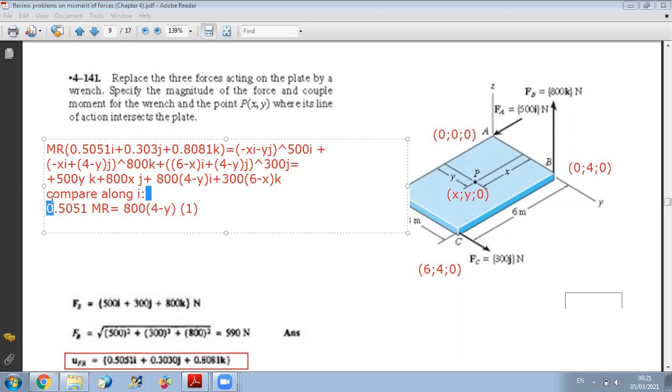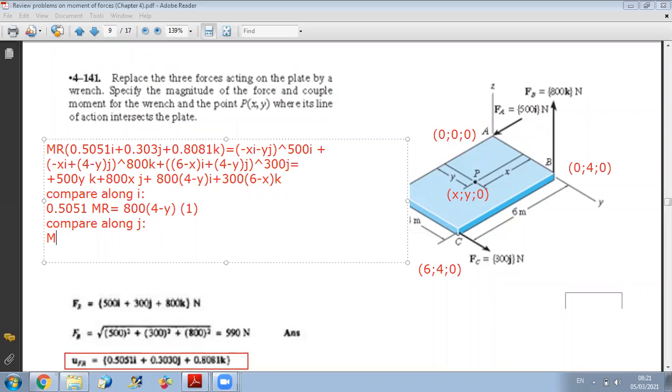Now, the second equation will be comparison along j. If I compare along j, what do I have? From the first side, I have this component, mr times 0.303j.